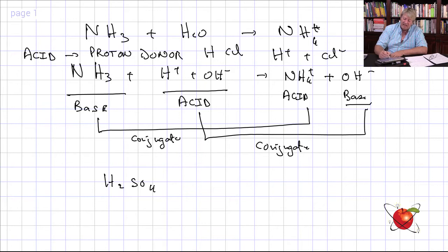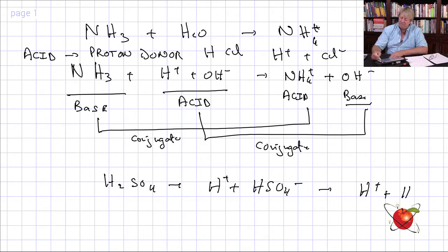Okay? It's actually very logical to work it out if you think about it. You only have to find the one that's giving off, or look for an OH that's sitting in there. That's your base, and you can work backwards to find where they come from. Of course, water can act both ways, can't it? Therefore, it's an amphiprotic substance. Same with H2SO4, a diprotic acid. As it goes through the dissociation, remember, H2SO4 can dissociate to H plus and HSO4 minus. Then the next level is H plus again, plus SO4 minus 2.